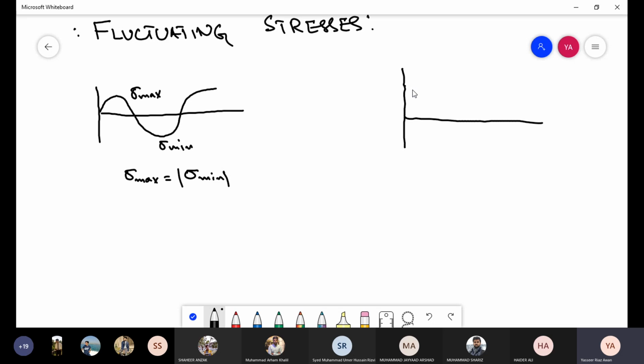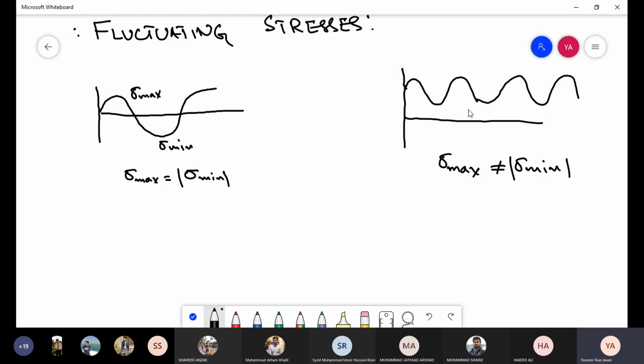So for example, it could be like this, a sinusoid. Now sigma max is not equal to sigma min.